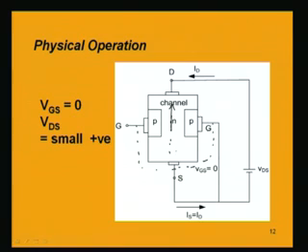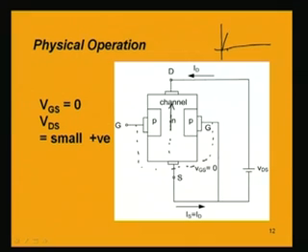Now, of course, we are keeping this VDS small. When it is very small, the current will be small, but as we increase it a little, it will behave like an ohmic contact, like an ohmic device, in which current increases linearly.